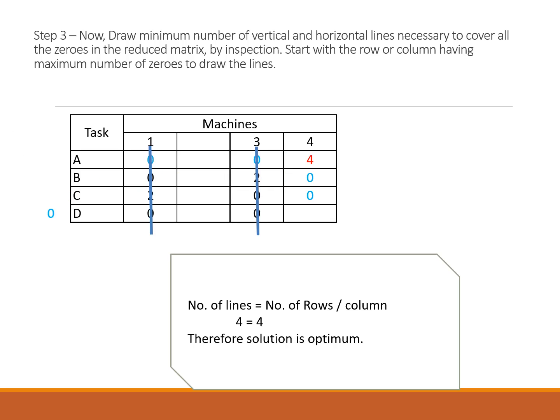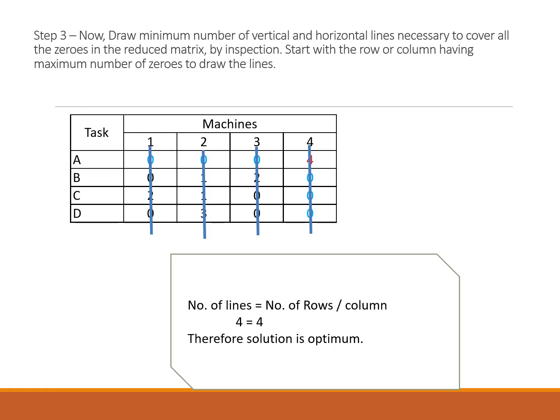Then column 4 has the maximum number of zeros, again draw a vertical line. Then machine 2 has a single zero, so draw a vertical line. If you want to cover that single zero with a horizontal line, you can draw it; that is also the correct way. So here your number of lines is equal to your number of rows and columns, 4 equals 4. Therefore your solution is optimum.